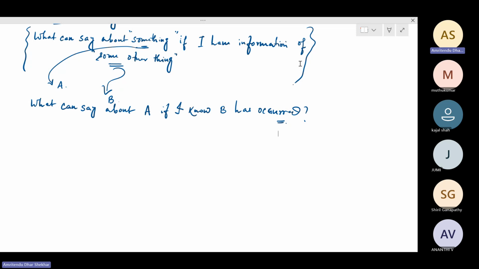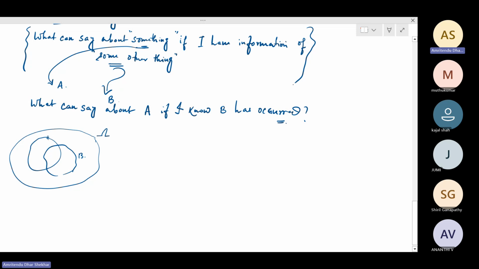Now let's look at this a little bit diagrammatically. Let's say this was your entire event space, let's call this omega. And you have some event which is B. Now A is some other event, let's say an event like this.